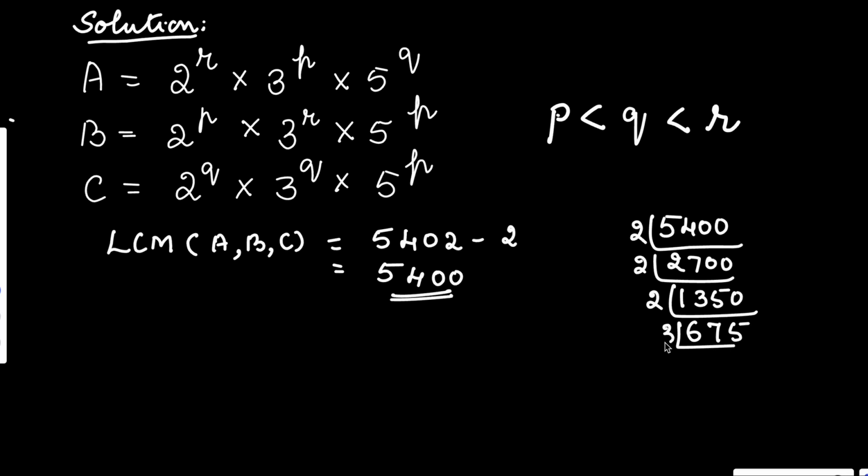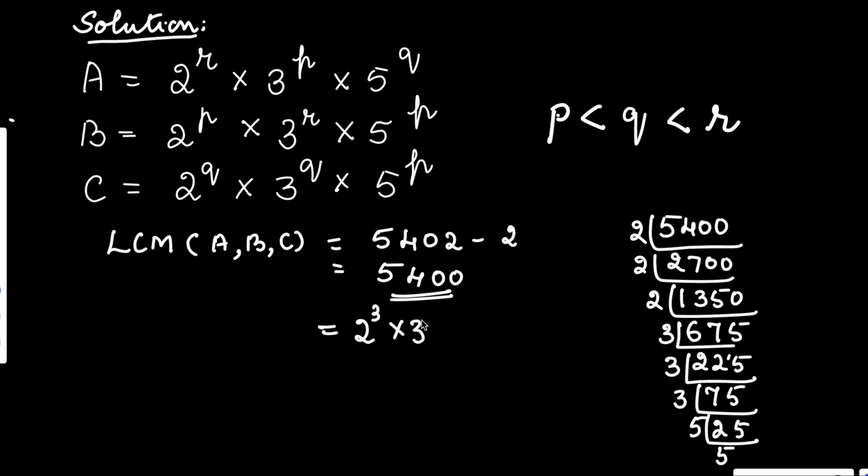We can divide by 3, 225. Again we can divide by 3, 75, then by 5, 15, and again by 5, 3. What we can write here? 2 cube into 3 cube into 5 square.